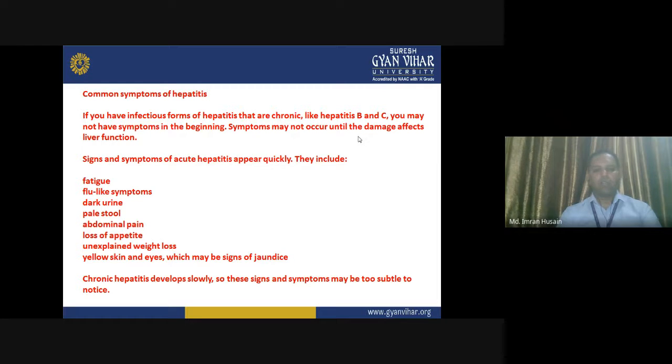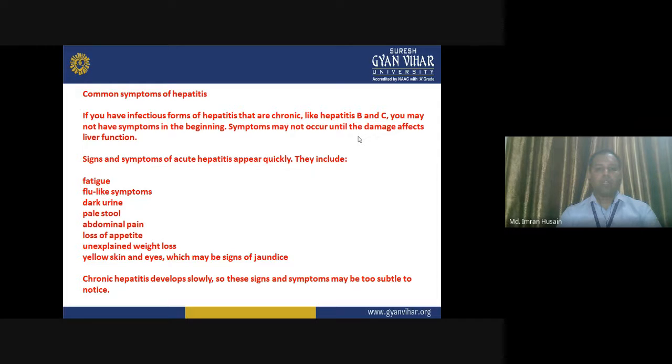Stool is always pale in color. They always have abdominal pain. They always have loss of appetite. They don't feel hungry. Unexplained weight loss. They are losing weight without any logical reason behind it.